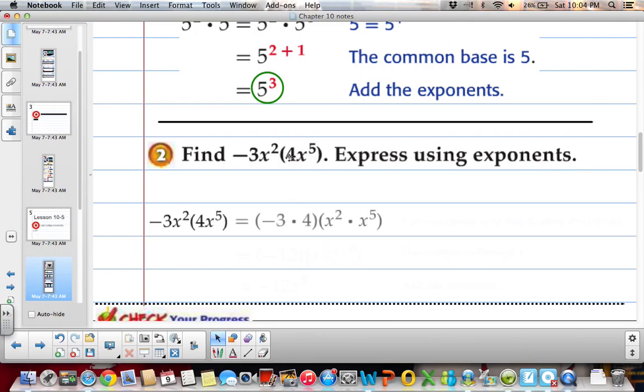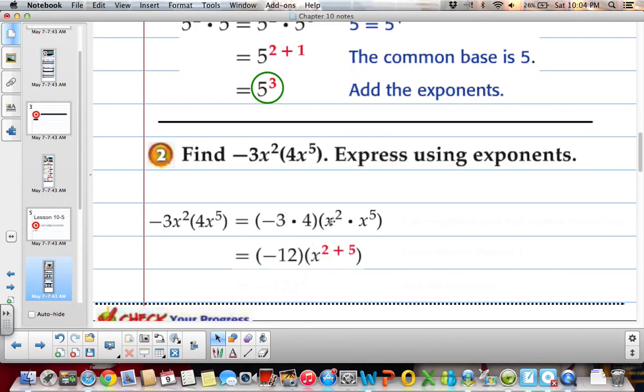So we're going to pull out both of our coefficients, which are our numbers, -3 and 4, and multiply them separately. Then we're going to pull out our base and our exponent and multiply those separately. So -3 times 4 is -12.